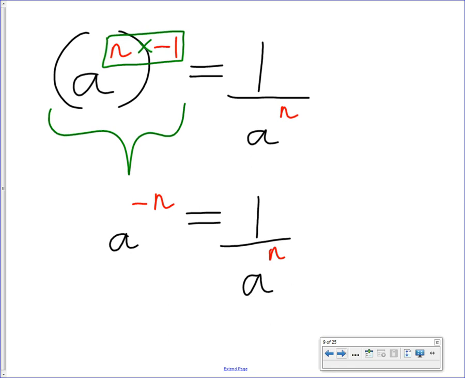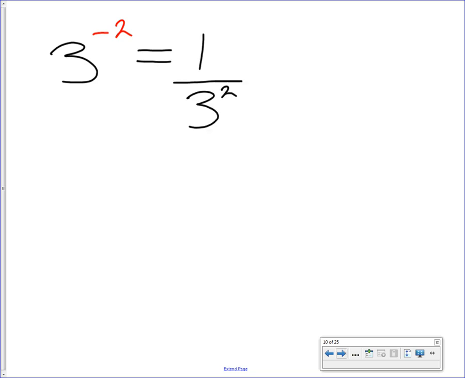So, this means, for example, that 3 to the power of -2 equals 1 over 3 squared. Now, if you got told to simplify 3 to the power of -2, this would be your first step, but then of course you can simplify it some more by actually working out the power.